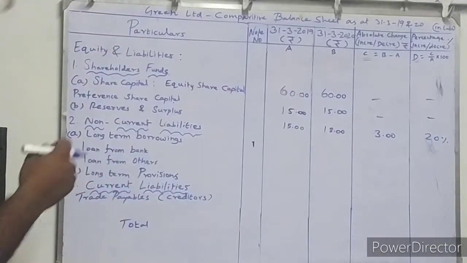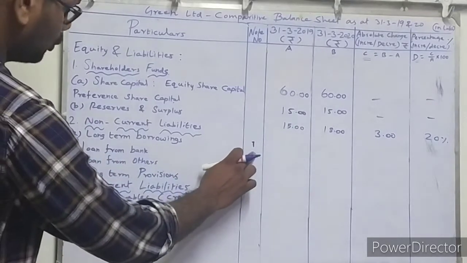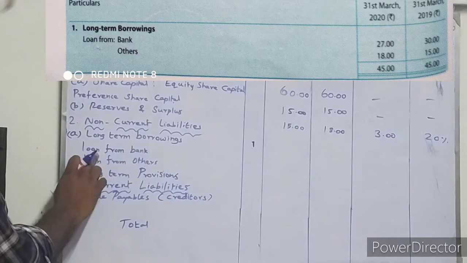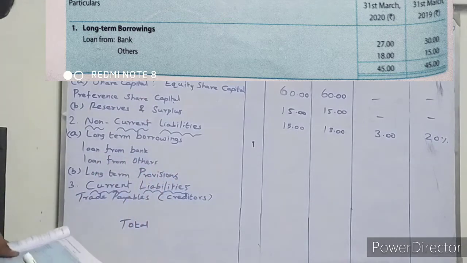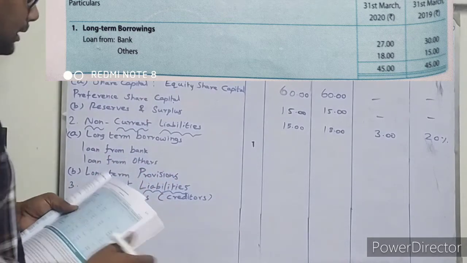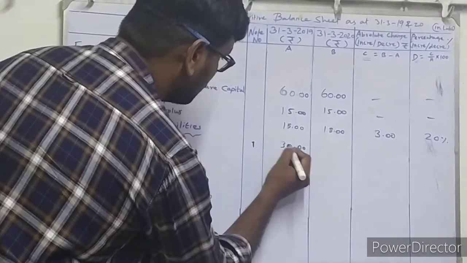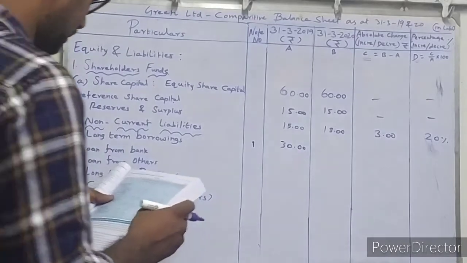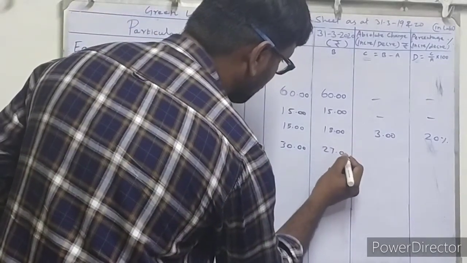In the non-current liabilities, long-term borrowings only they have given, but in the note number they have given very clearly: loan from bank and loan from other creditors. Loan from banks is 30 lakhs for the previous year and 27 lakhs for the current year.